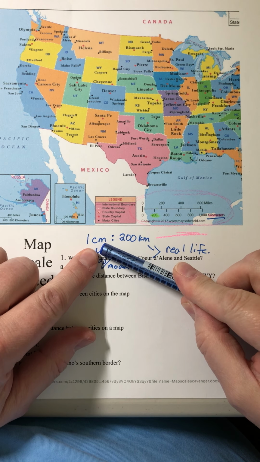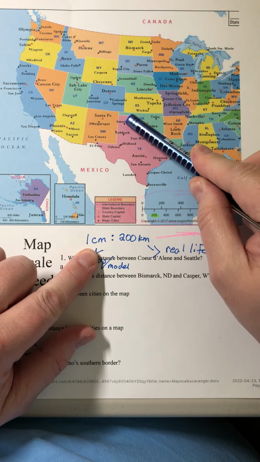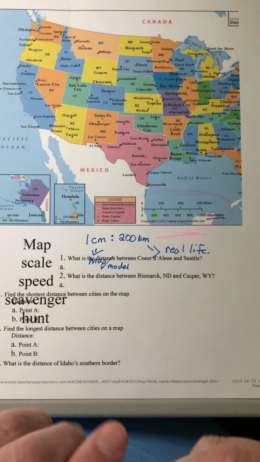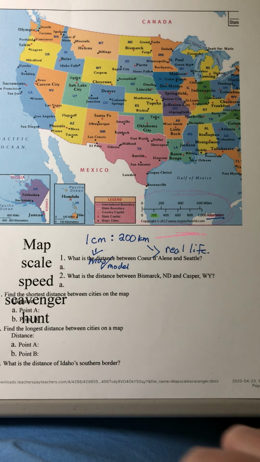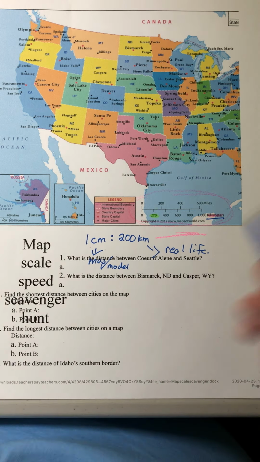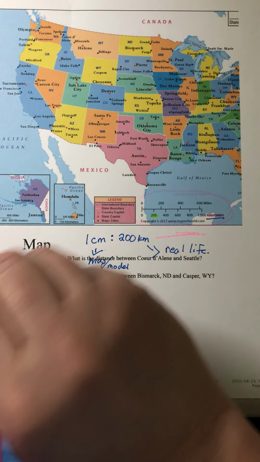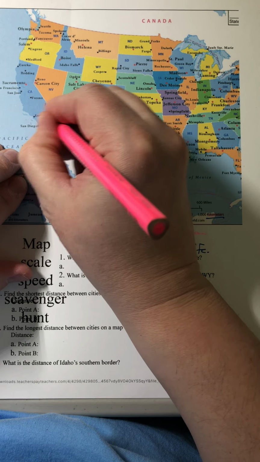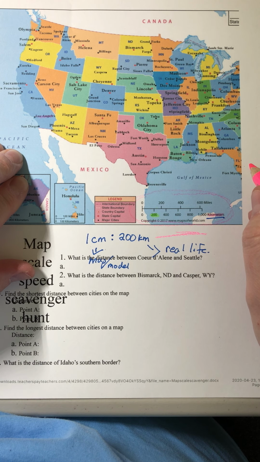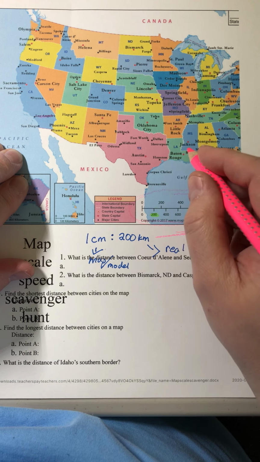Okay, so I'm going to use this map for a little bit here. 1 centimeter on the map represents 200 kilometers in real life. So I'm going to just pick 2 places here. Let's measure from Los Angeles to, oh, the map cut off what city I wanted, but that's okay.